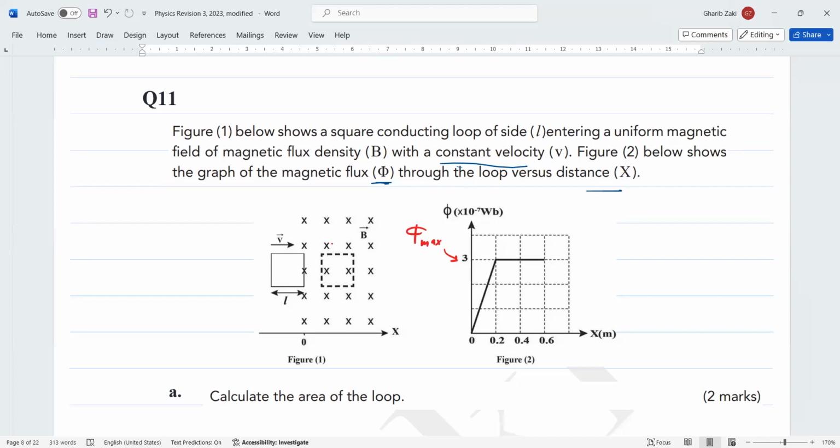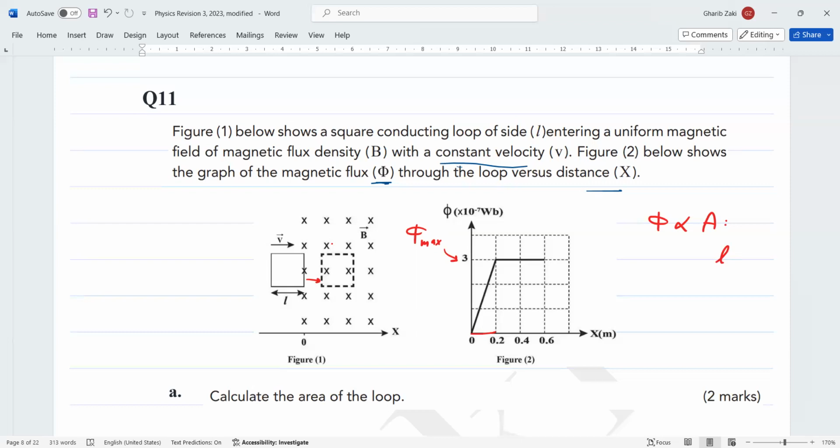Now what will happen? From 0 to 0.2, this is the length of the side. Because when the square is entering the magnetic flux density, the flux increases according to the side, because phi is proportional to the area, and the area depends on the side L. Then phi is proportional to L squared.